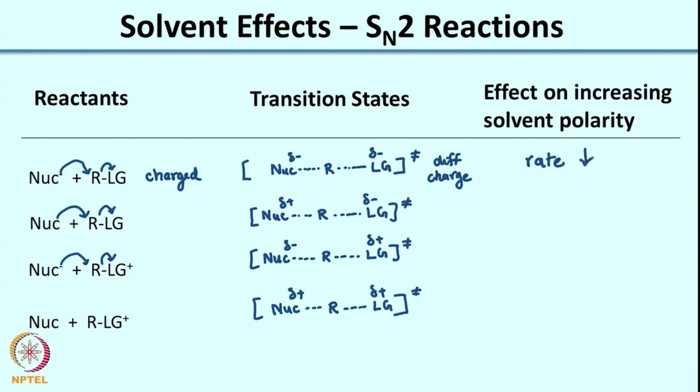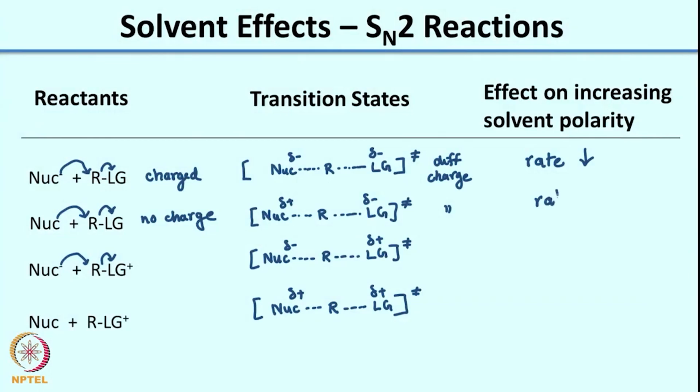In the second case, reactants no charge, transition state, diffuse charge. So, reactant will not be stabilized much, but your transition state will be stabilized relatively more. So, the rate will increase slightly.